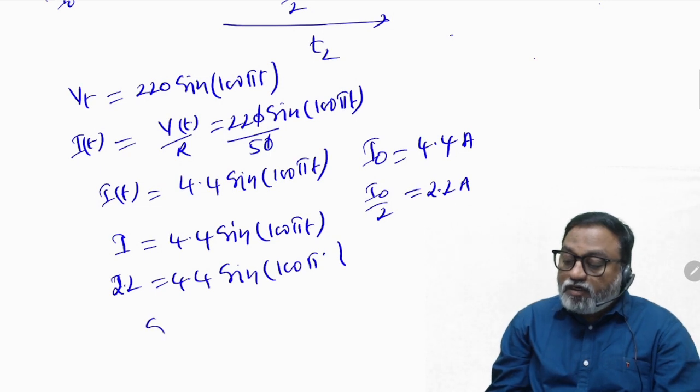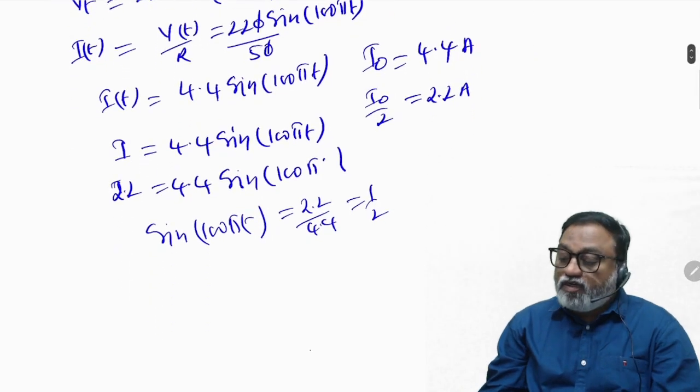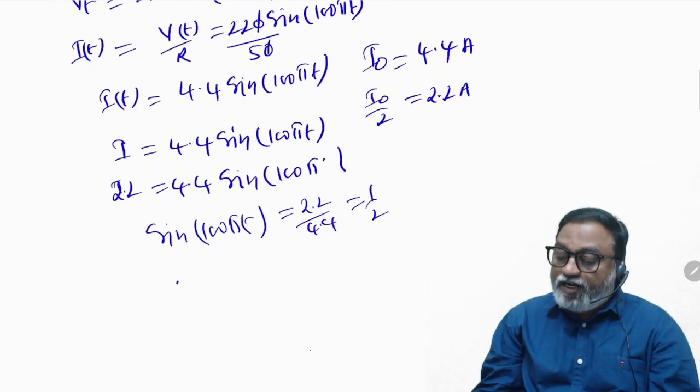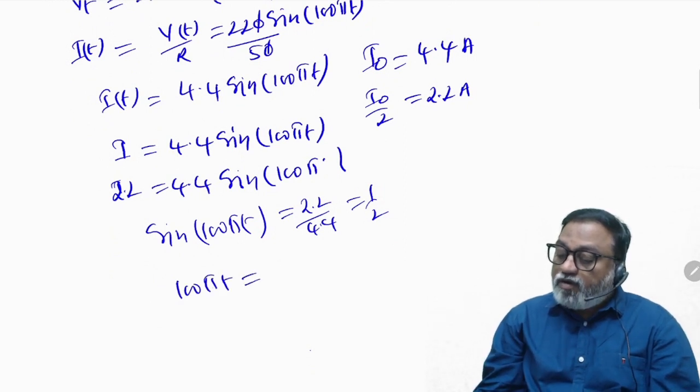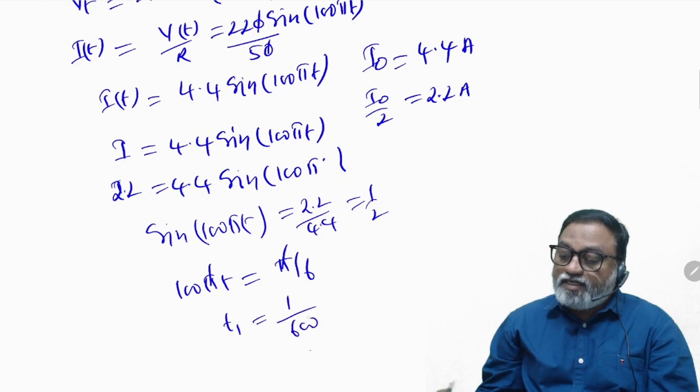This becomes sin 100 pi t is equal to 2.2 by 4.4, which is 1 by 2. From this, sin theta is equal to 1 by 2 means theta is equal to 30 degrees. Therefore, 100 pi t is equal to pi by 6. Pi gets cancelled. Here t1 is equal to 1 by 600 seconds.